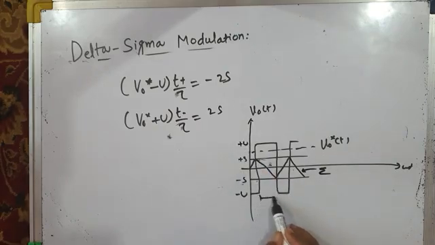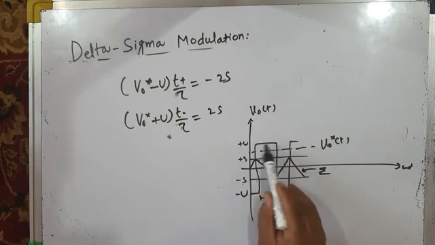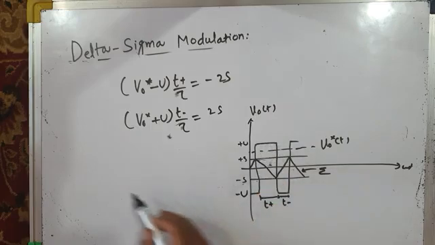The interval during which your load voltage is plus VDC by 2, or plus U, is called T plus. The interval during which load voltage is minus VDC by 2, or minus U, is called T minus. And the total time interval is T. During this period, what is the error?